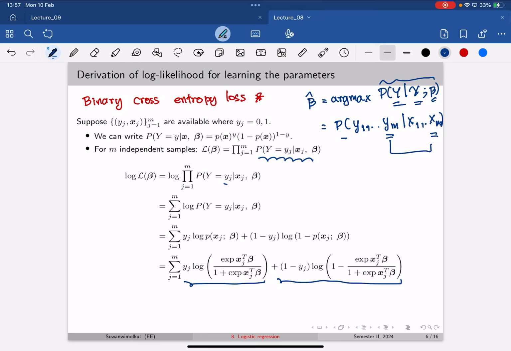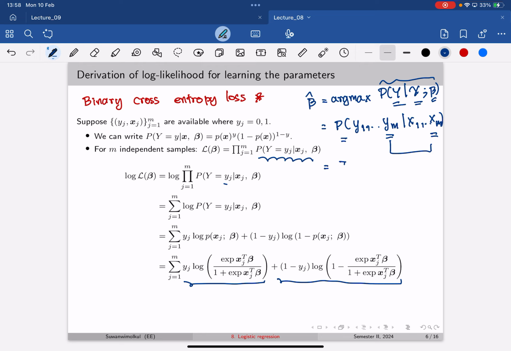But the thing is, when we see that this probability is a joint probability between all samples, in machine learning we usually assume that the samples in the training set are independently identically distributed, or usually just independent.